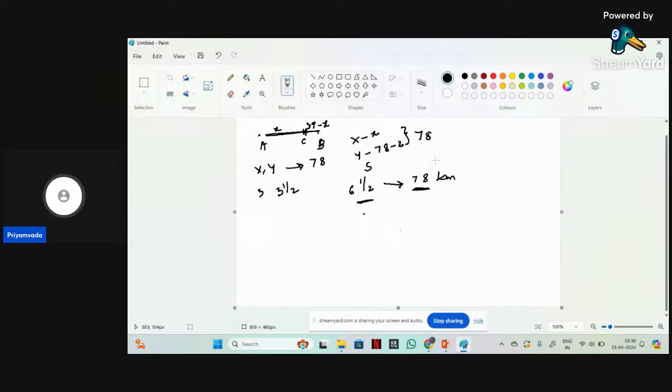And we know 3 is the speed of x, and the distance covered by him is x. So for 6.5 kilometers per hour, they are covering 78 kilometers. Then for 3 kilometers per hour, how much distance would they cover? That is x, because x travels from A to C and that value is x.